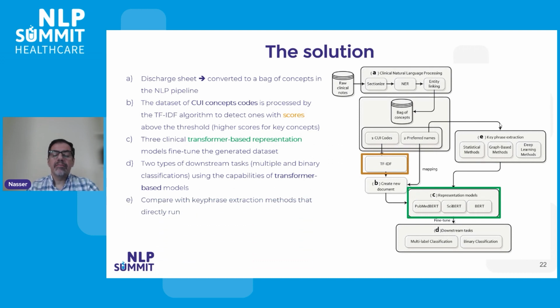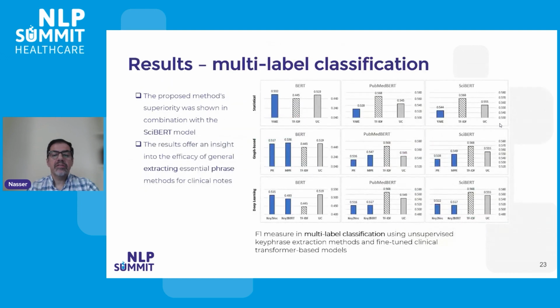We compared with the key phrase extraction methods that are usually used. The proposed methods use different transfer learning methods. The SciBERT model performed better, as you can see, compared to PubMedBERT and BERT for extracting knowledge.